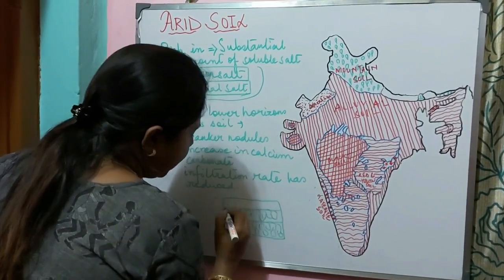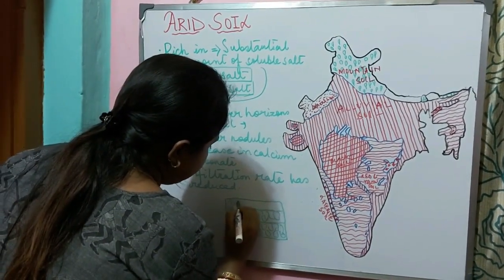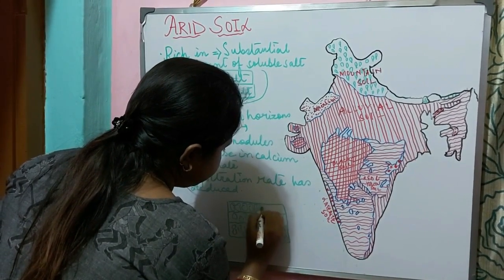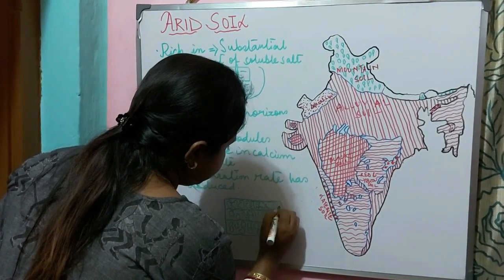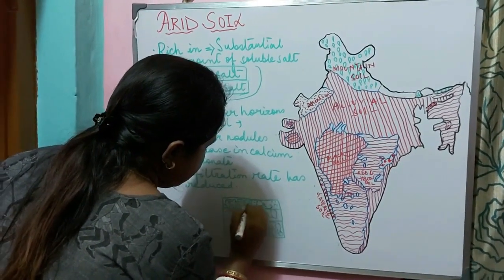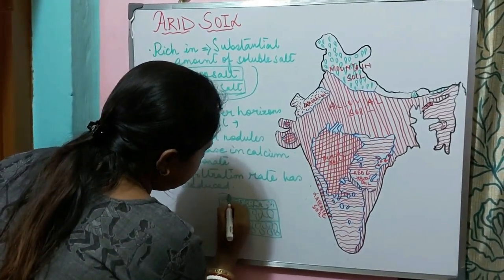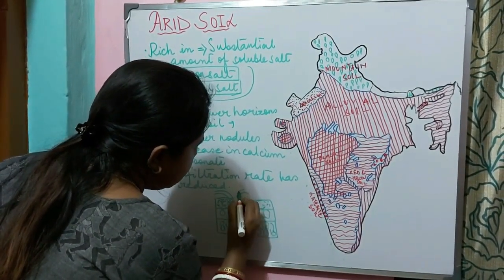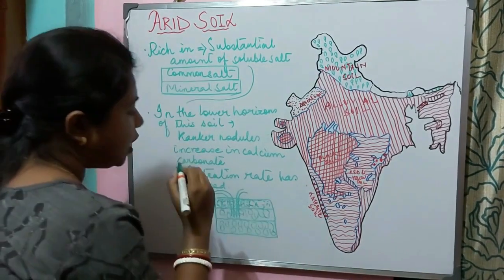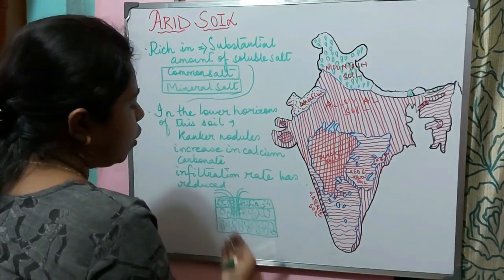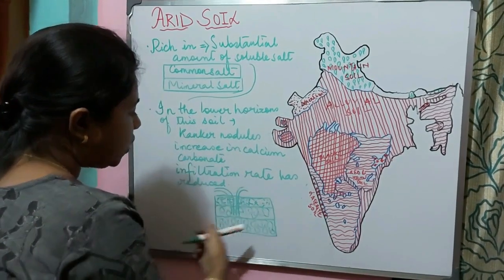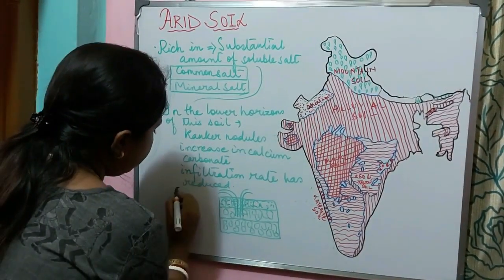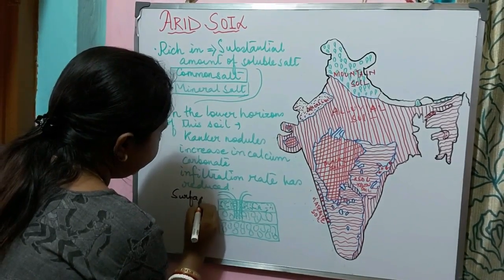Right? So what happens as they have conker nodules? The water cannot infiltrate down. That means the root cannot take water down, which is leading to more surface runoff.